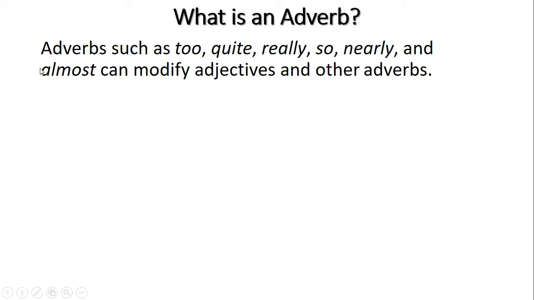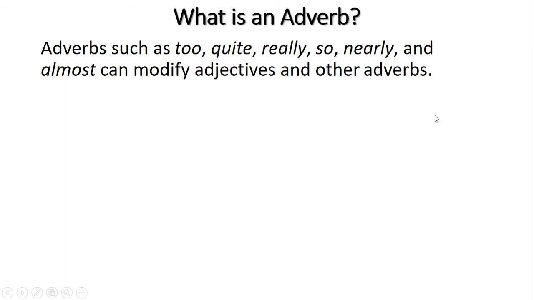These adverbs can actually modify adjectives, or in some cases, other adverbs. So if you look at what exactly an adverb can do, an adverb can really modify three things. It can modify a verb, it can modify an adjective, or it can modify another adverb.